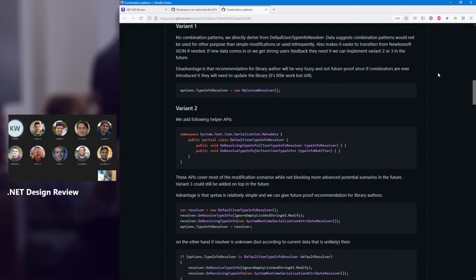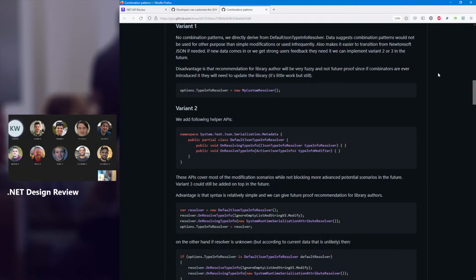It's probably easier to transition for people, even though Newtonsoft JSON doesn't provide the combination patterns. I've seen people lots of times casting the type info resolver to the default JSON type info resolver, because that was what was used almost always.